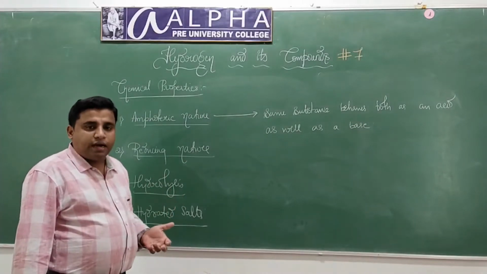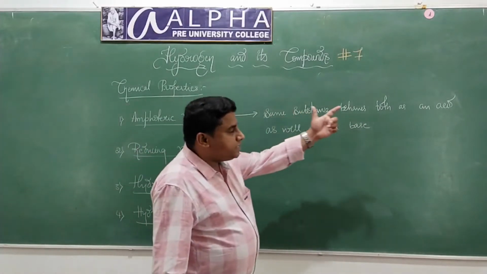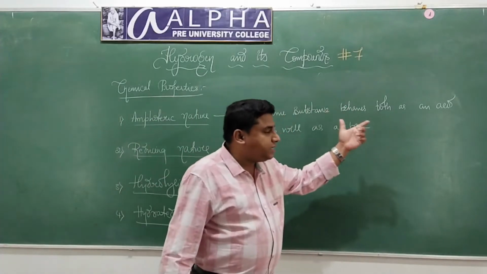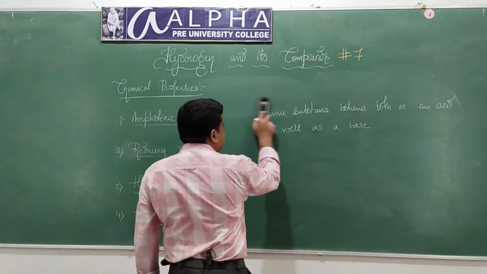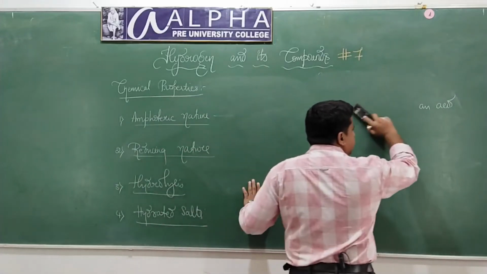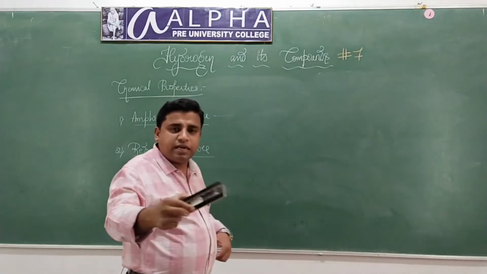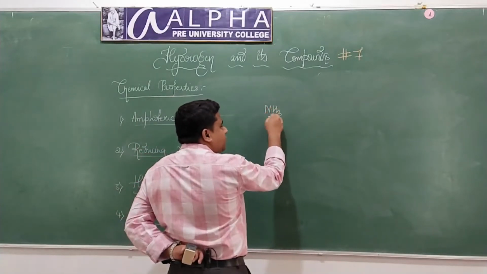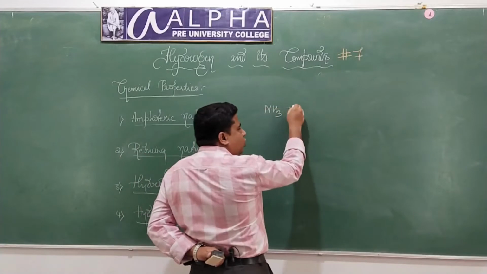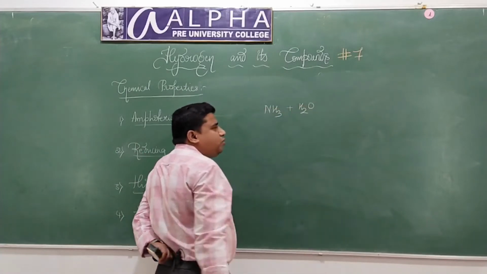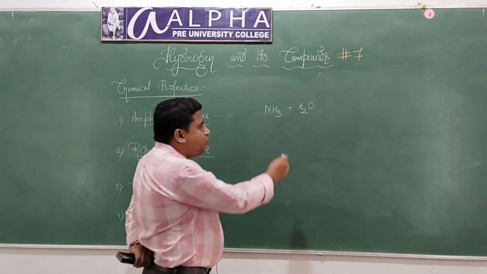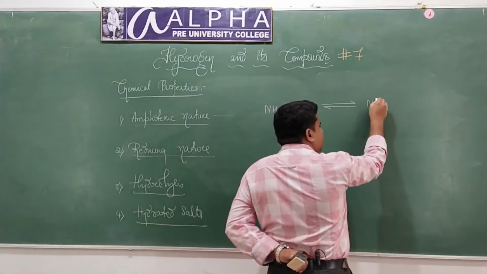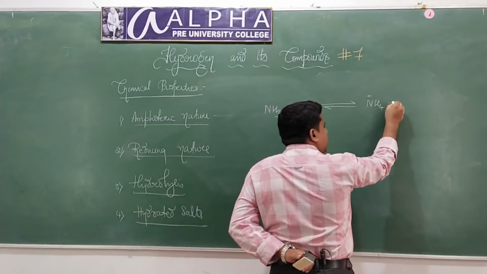Let us prove that water behaves both as an acid as well as a base. I'll take some examples to show this. Let us treat ammonia with water. What happens when ammonia is treated with water? It will form NH4+ and OH-.